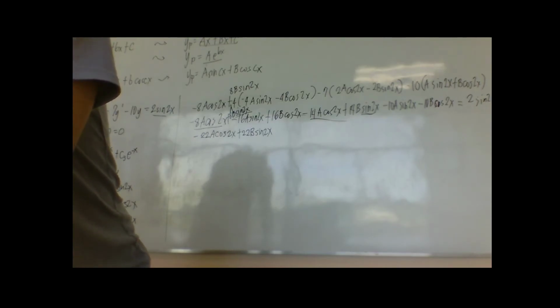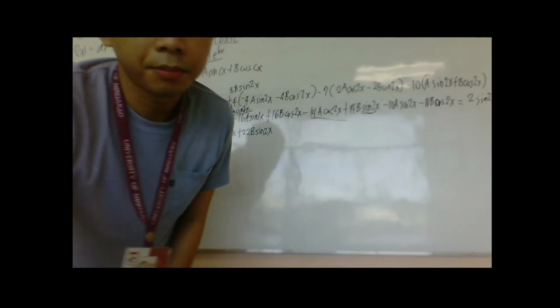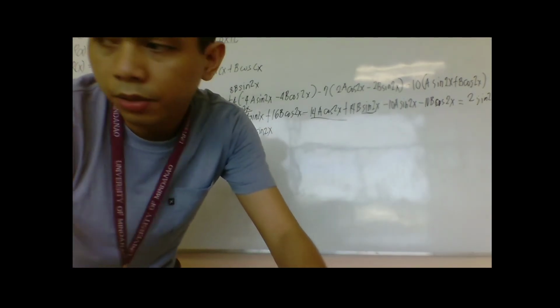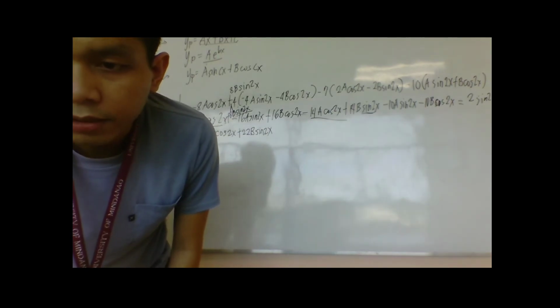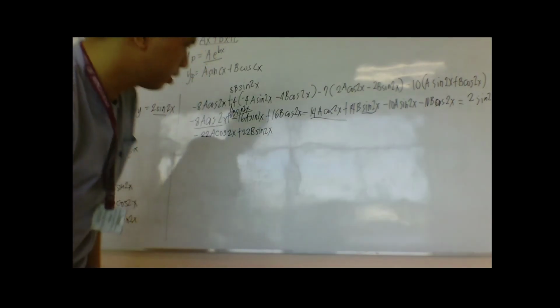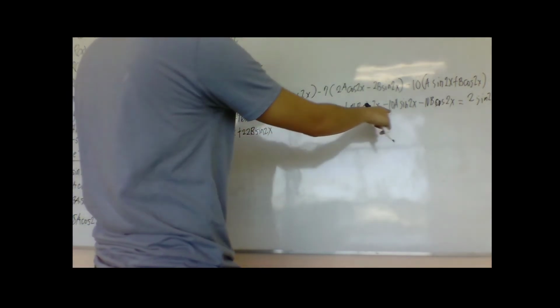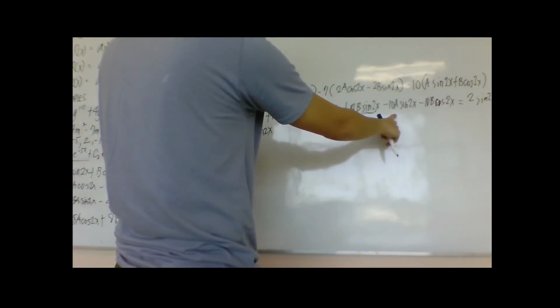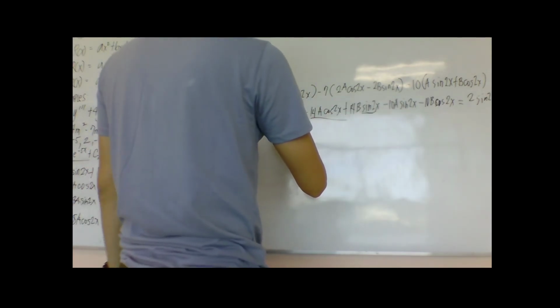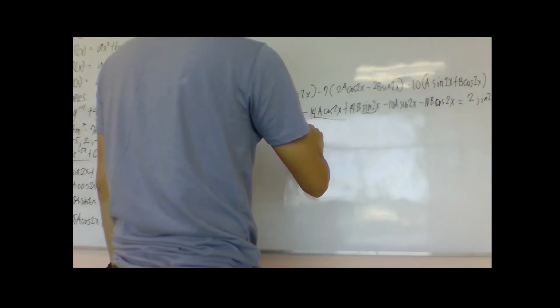Plus 4 it should be. Wait, let me correct. Let me check. Let's continue though. 16 sine 2x, this should be negative 16, negative 10, negative 26a sine 2x.